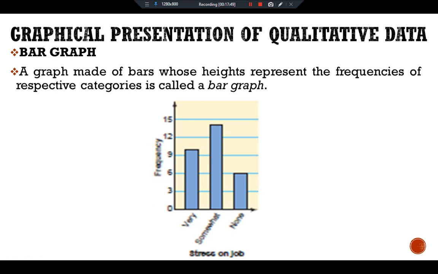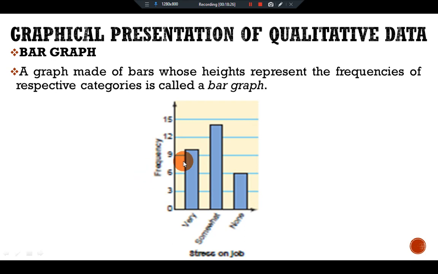So we draw one bar for each category such that the height of the bar represents the frequency of the corresponding category. We leave a small gap between each category, and this gap makes us interpret this graph as a bar graph.